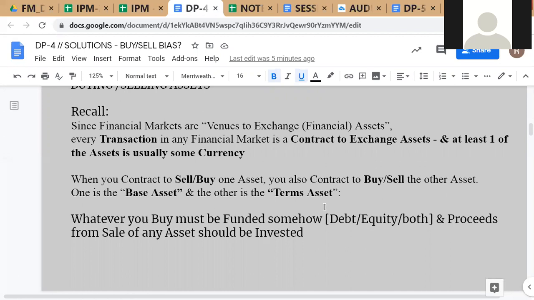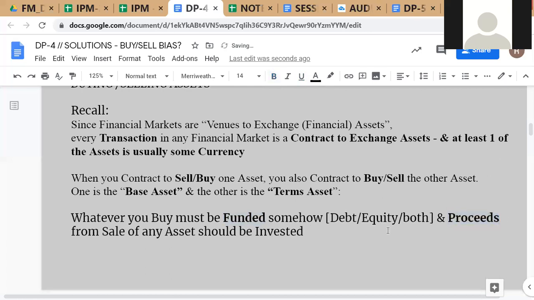All right. So there are always going to be two assets. Remember that. Any transaction, there are always going to be two assets, even if you can't see it, because it's not apparent from the price quotation. And there is this question of funding. Anything that you buy has to be funded, and then the proceeds of the sale have to be reinvested.